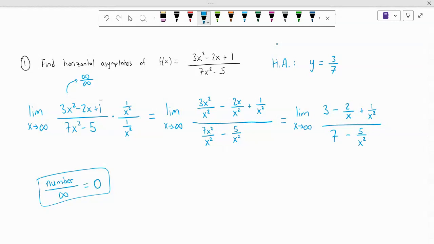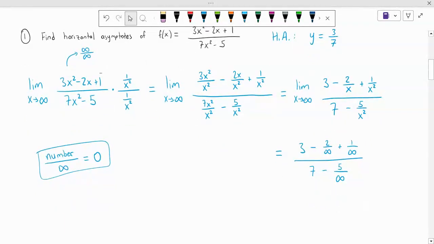All right, but now if we try to plug in infinity for x, infinity squared is still going to be considered infinity. The idea is if you have something really big and you square it, you're still going to get something really big, so it's still basically infinite. The denominator is similar: you get 7 minus 5 over x squared, and when you plug in infinity for x, that's basically going to remain infinite in the denominator.